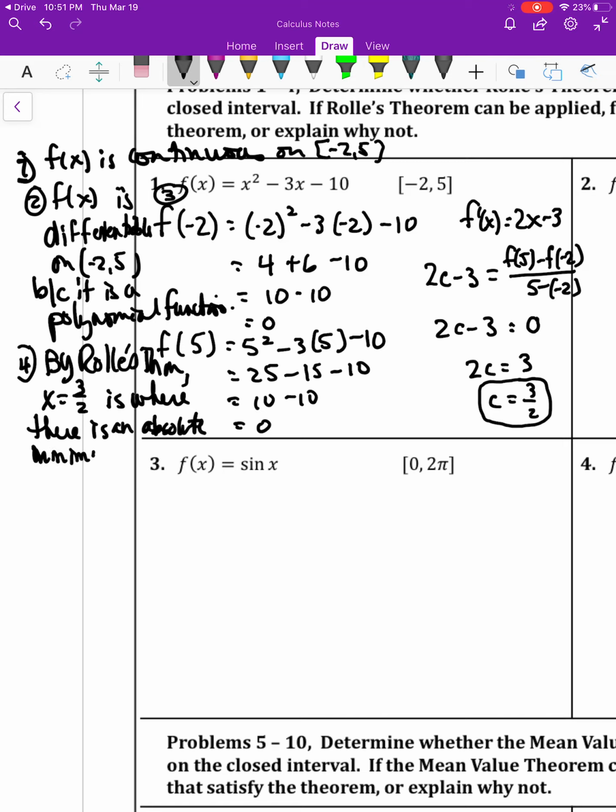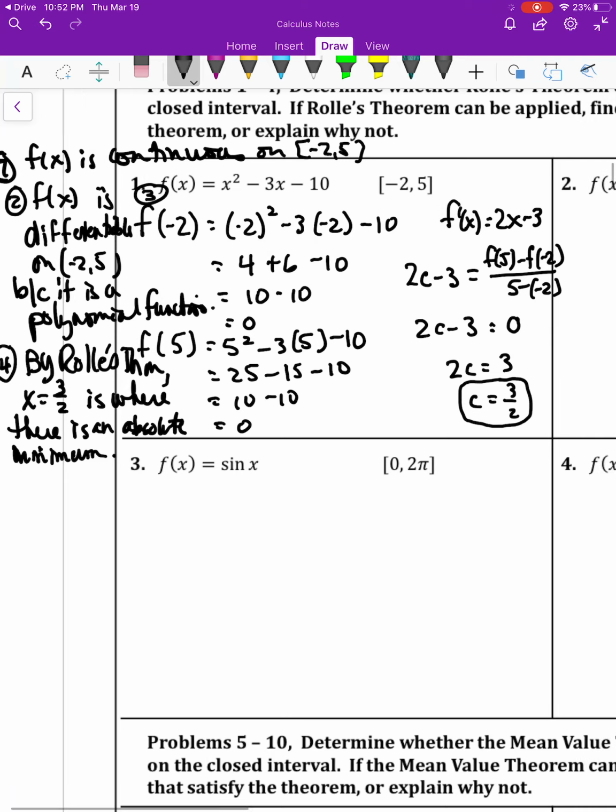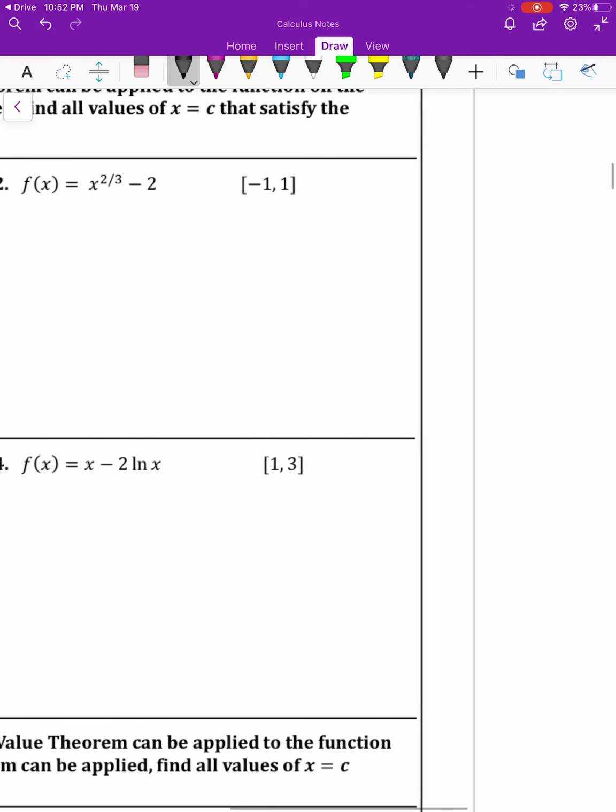And we know it's an absolute minimum because we know it's a minimum. We know it's an upward facing parabola, so it doesn't have any other minimums. It's an absolute. All right, so let's go to number 2.